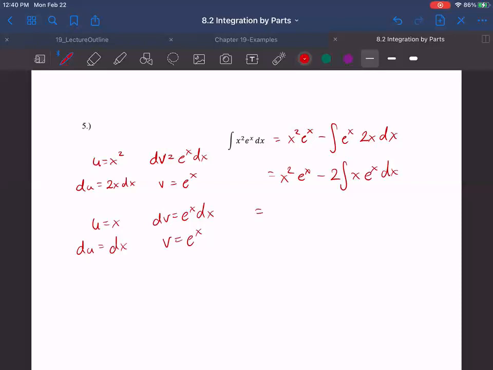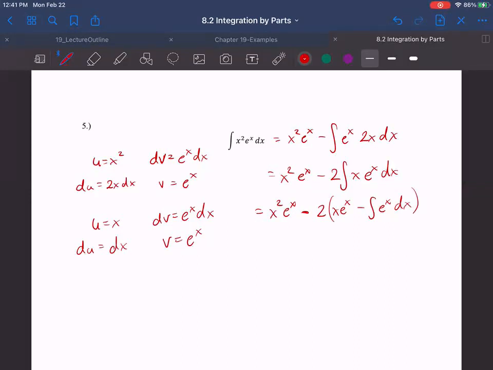So we get x squared e to the x minus 2x e to the x, right? And now it would be minus that integral. Well, I'll just put it in parentheses. How about that? Minus integral e to the x dx, like that, right?